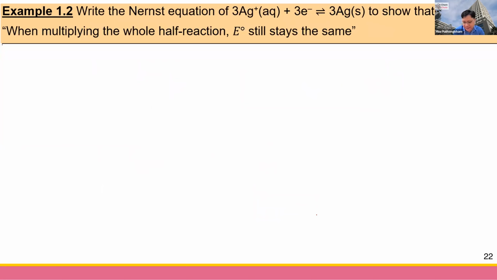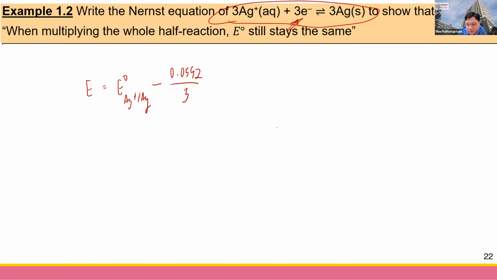So the second example, example 1.2, is: write the Nernst equation of this half reaction to show that when multiplying the whole half reaction, the standard electrode potential still stays the same. So let's write this one. The Nernst equation is going to be E equal to E naught of silver plus/silver, minus 0.0592 over 3, because now n, the number of electrons, is 3, log.